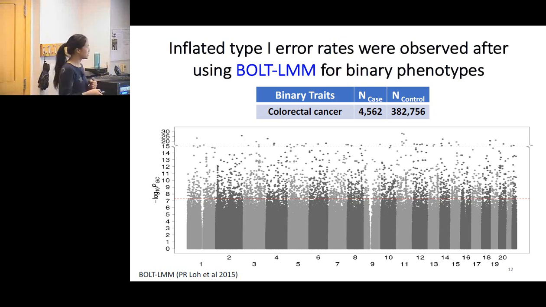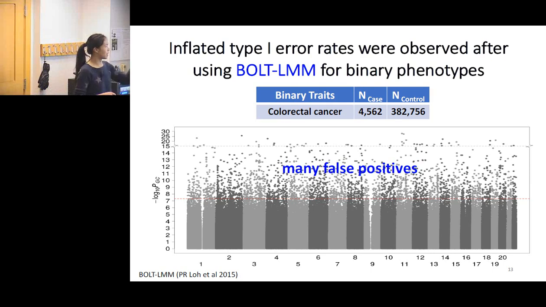So as we see here, there are a lot of scattered single dots. So we see there are many false positives. And if you use BOLT-LMM to perform GWAS on these binary phenotypes, and you decide to follow up these many significant signals, you will waste a lot of time and energy.